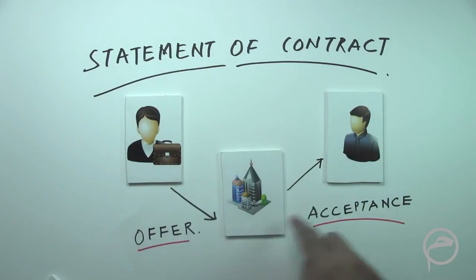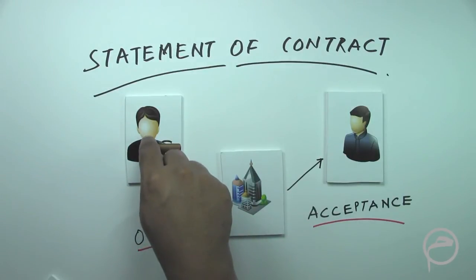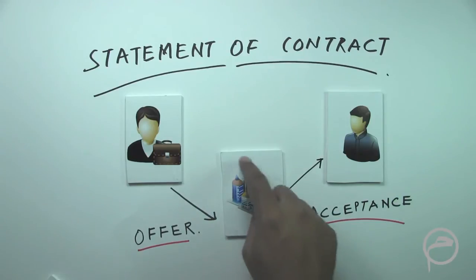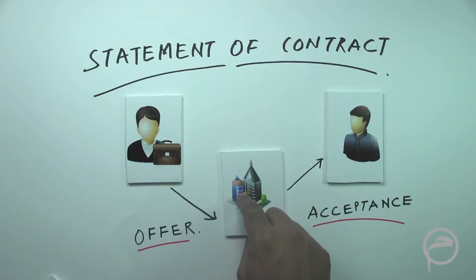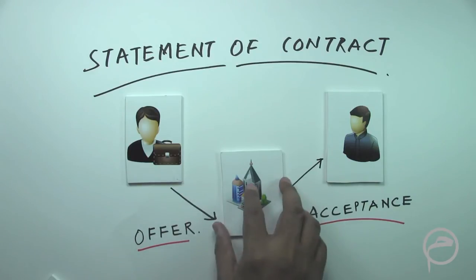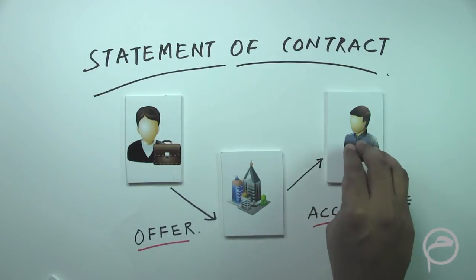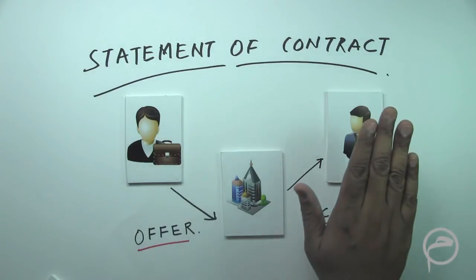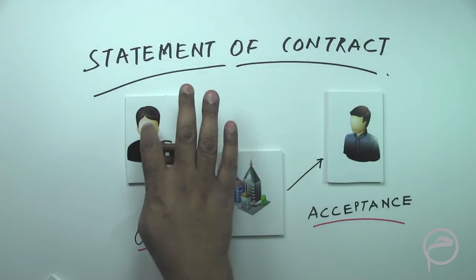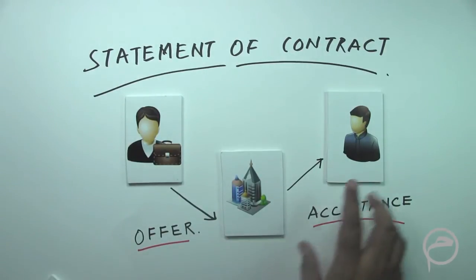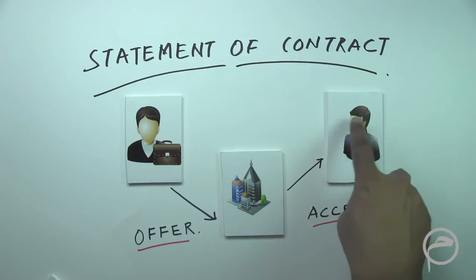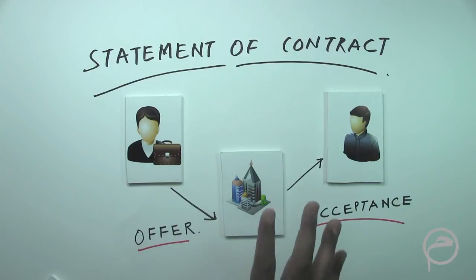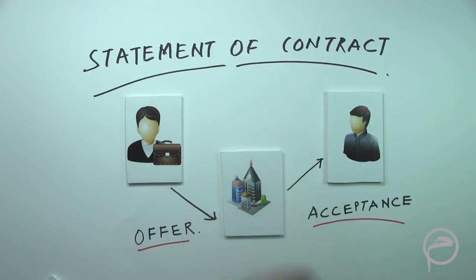For example, if party A, the seller, makes an offer stating that I wish to sell my real estate asset for maybe $1 million, and party B says, I accept your offer, then the statement is made and accepted. The statement from the seller is the offer and the statement from the purchaser is the acceptance. So the contract is concluded. This is what we mean by statement of contract.